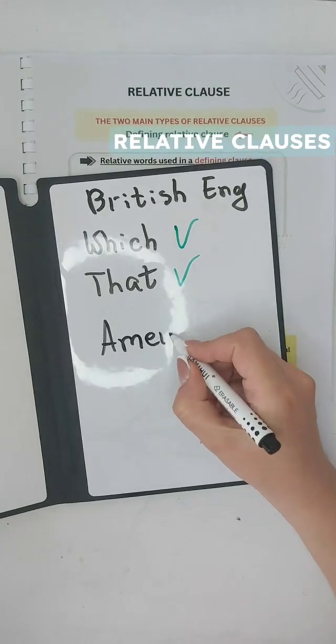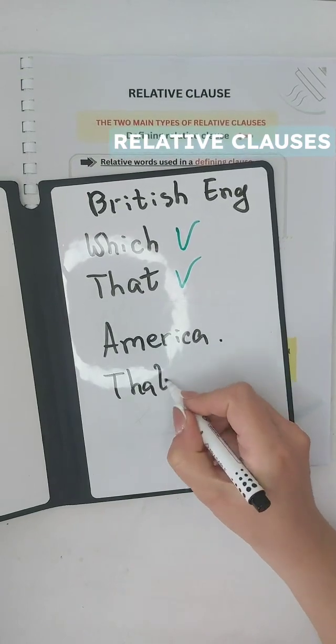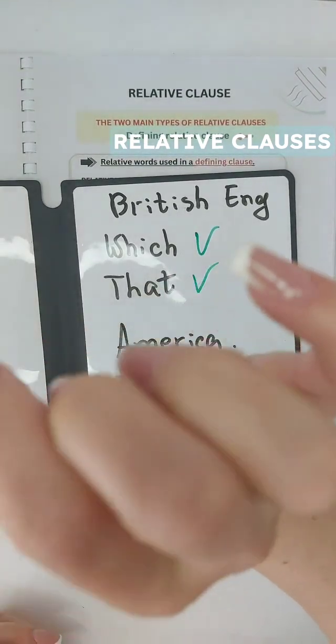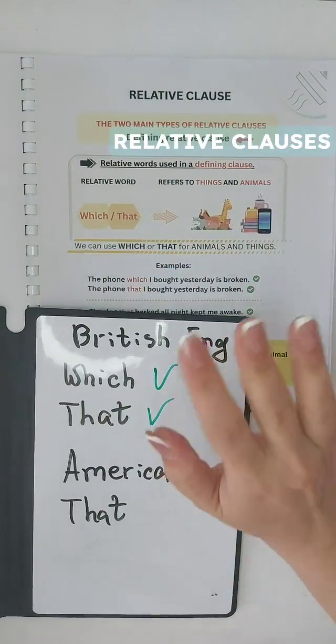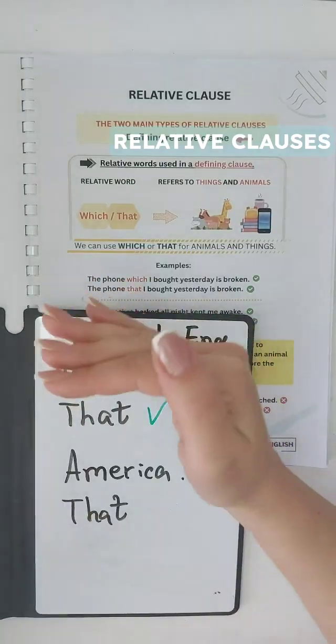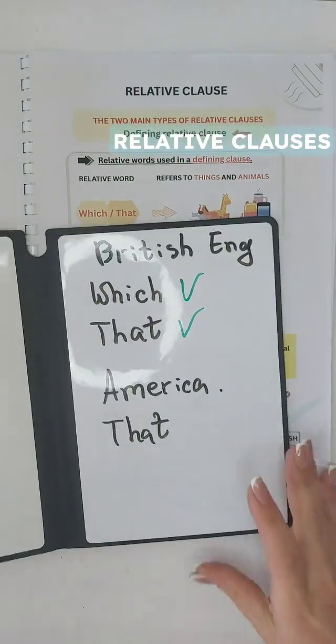Americans usually prefer using that, okay? When it comes to animals and things, okay? With people, they use both who and that.